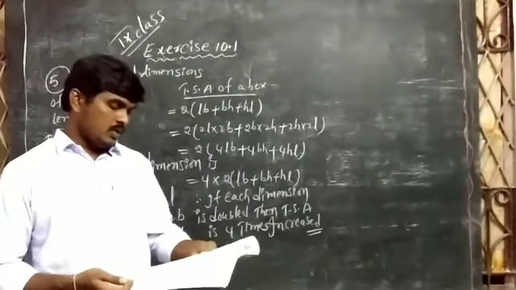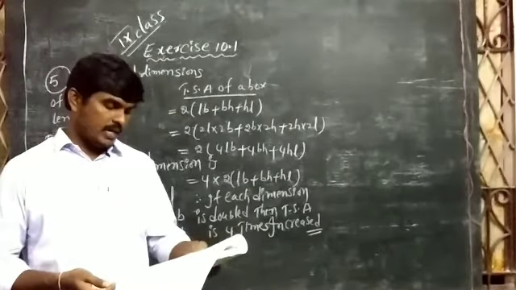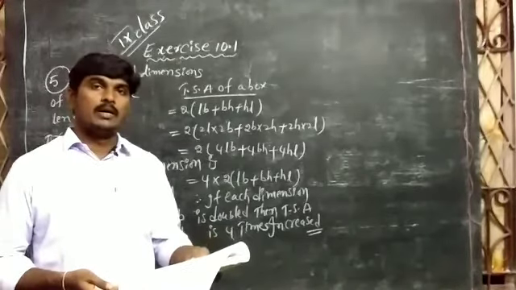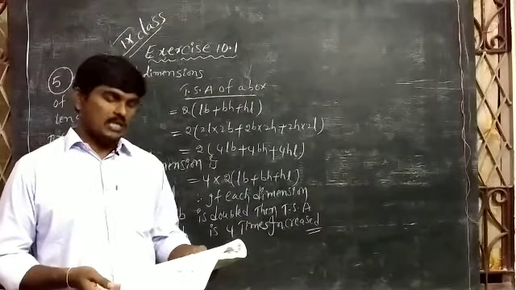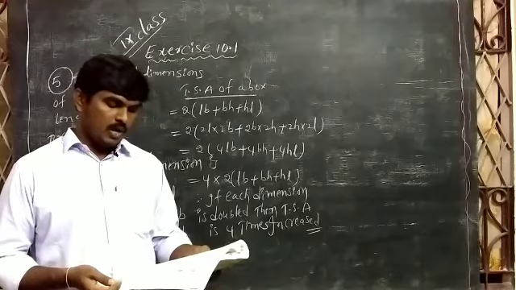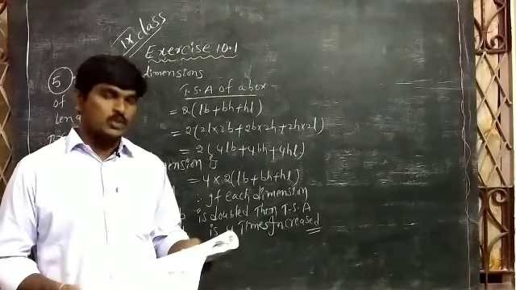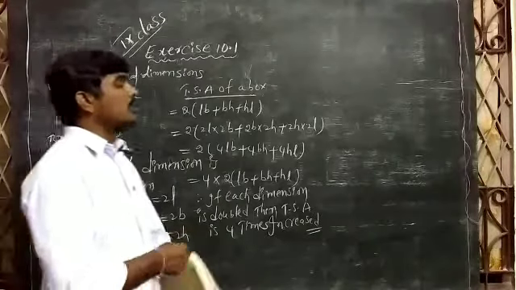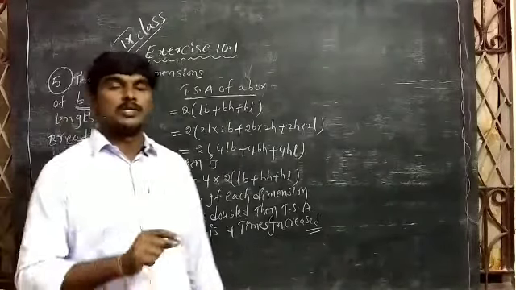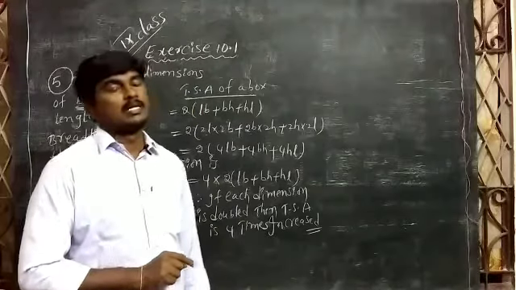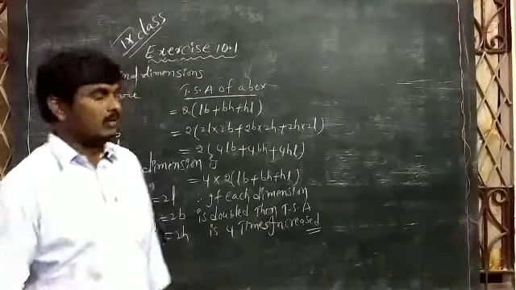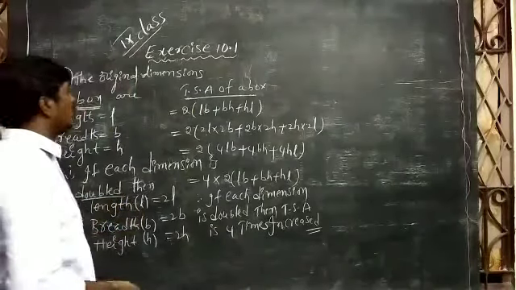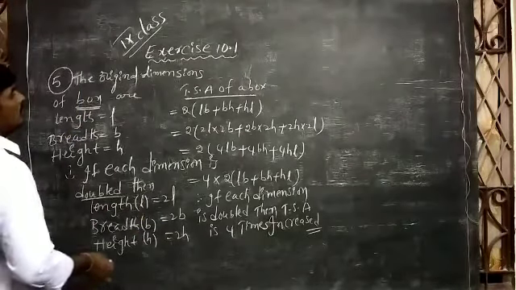Next, one more sum is there. Can you find the total surface area of the box if each dimension is raised to n times? If each dimension is raised to n times, what will happen? That also we can do like that question only. Very simple, I will give the hint for that also.